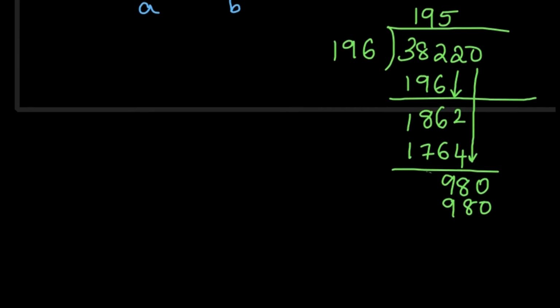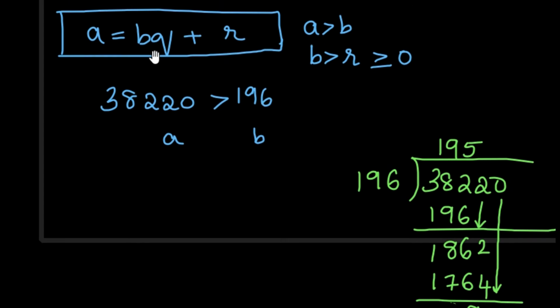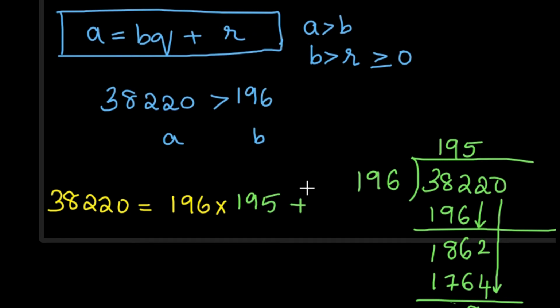Therefore, the remainder over here is 0. So, writing it in the form A equals bq plus r, we get A is 38,220 equals B is 196 multiplied by Q is 195 plus R is 0.